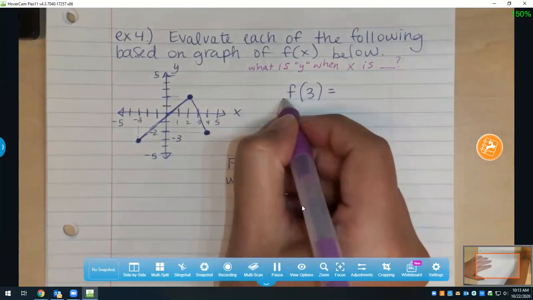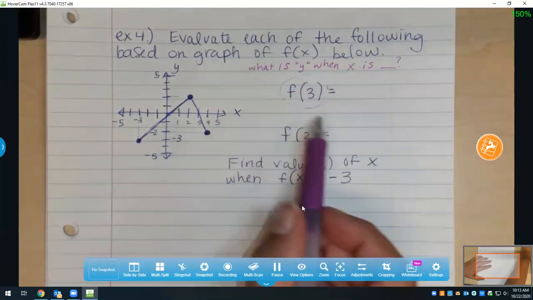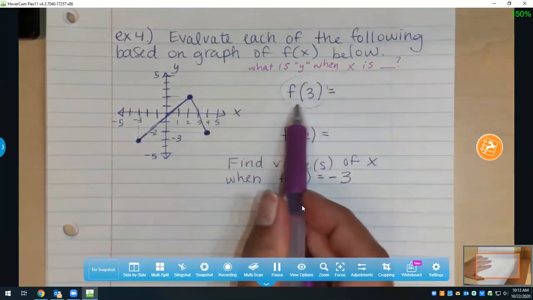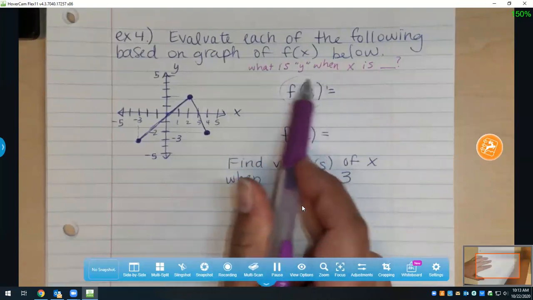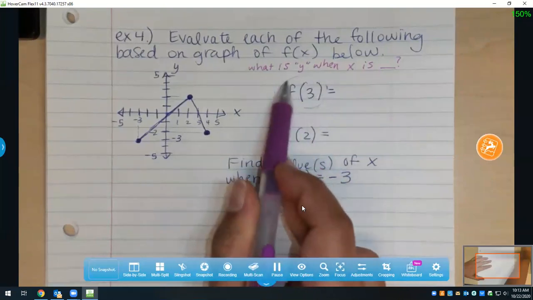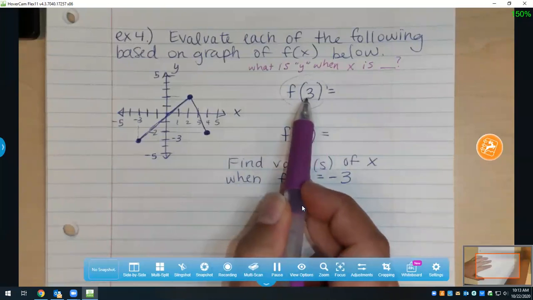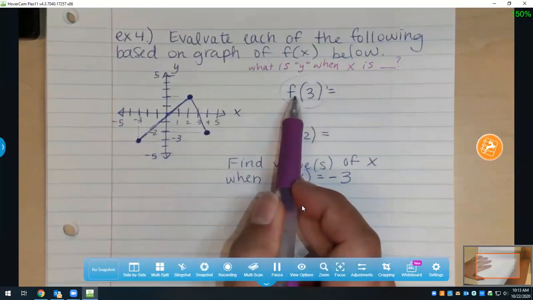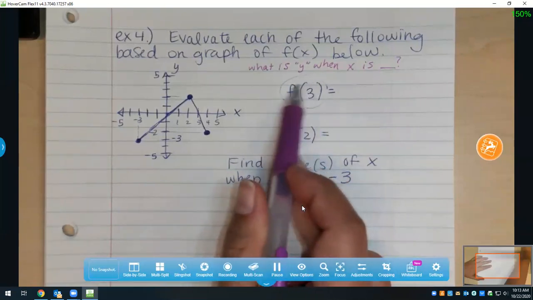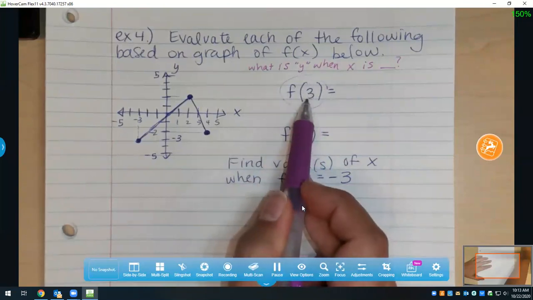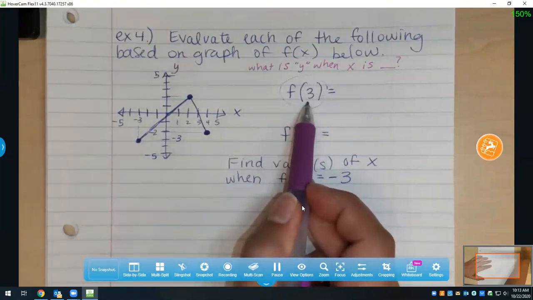Because remember, this notation, f of 3, f of 2, f of x, is another way of writing y. Only we're being specific. We're looking for the y when x is a specific value.